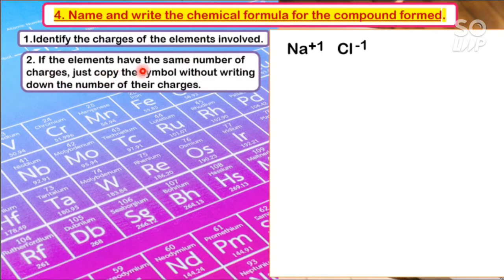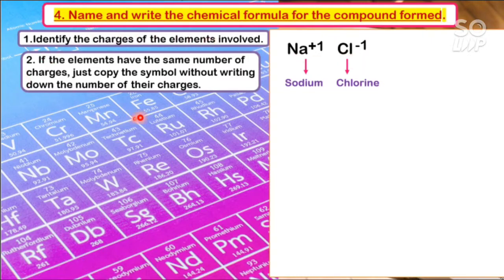If the elements have the same number of charges, like this, they both have one charge, just copy the symbol without writing down the number of their charges. So, Na is the symbol for sodium and Cl is for the chlorine.